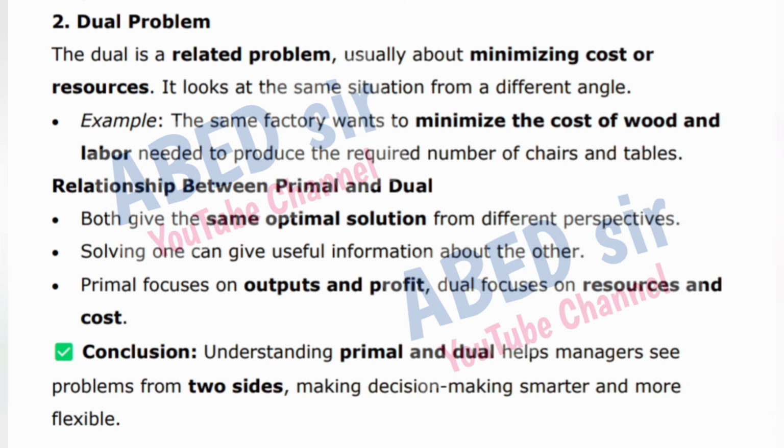Both give the same optimal solution from different perspectives. Solving one can give useful information about the other. Primal focuses on outputs and profit, dual focuses on resources and cost. Conclusion: understanding primal and dual helps managers see problems from two sides, making decision-making smarter and more flexible.